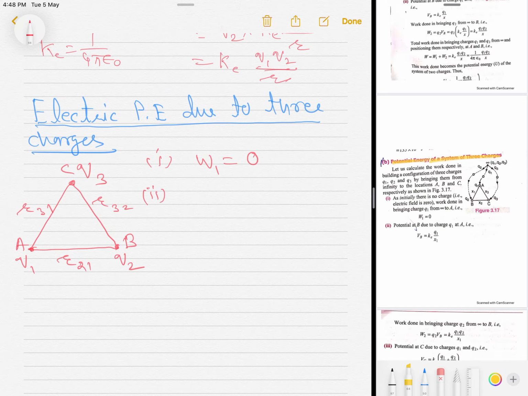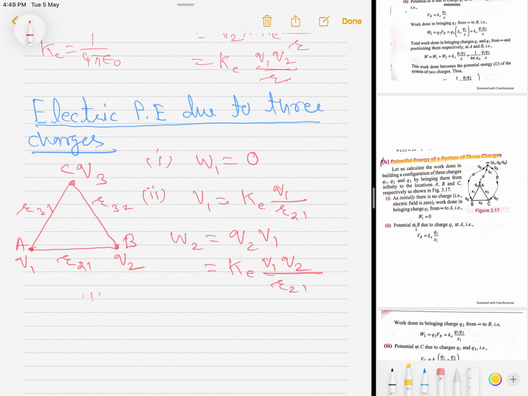So, now q1 will produce the electric potential V1, which is Ke q1 by R21. So, work done in bringing the q2 charge will be q2 V1, then we will get Ke q1 q2 by R21.